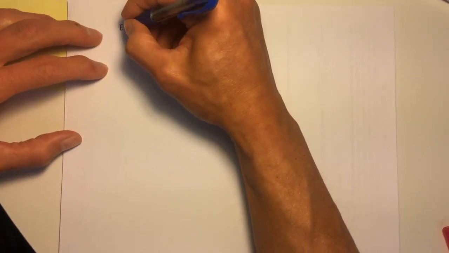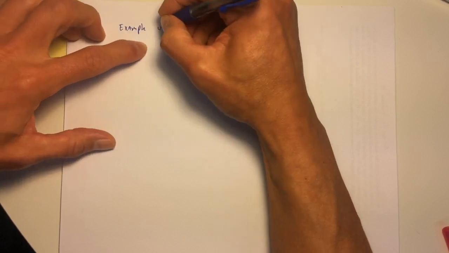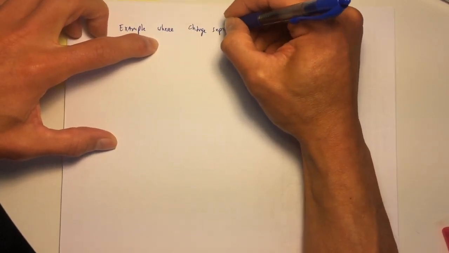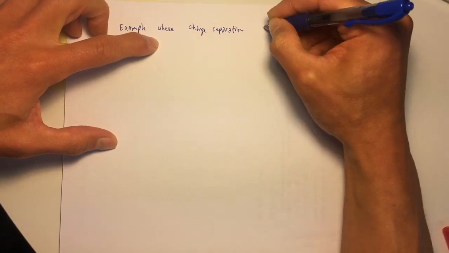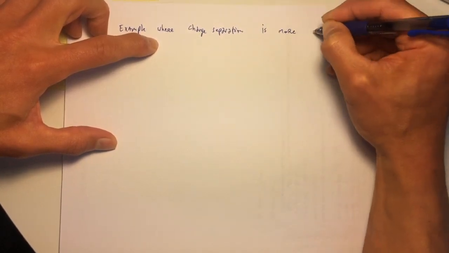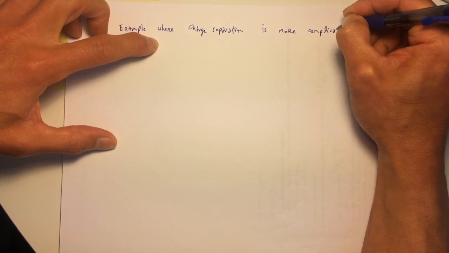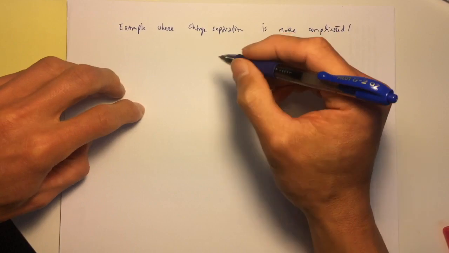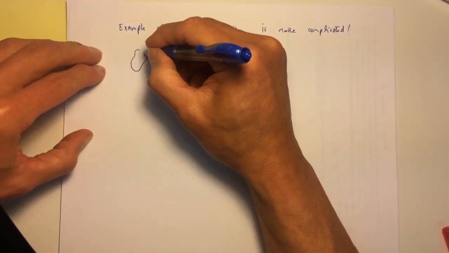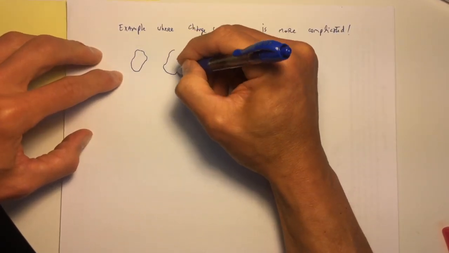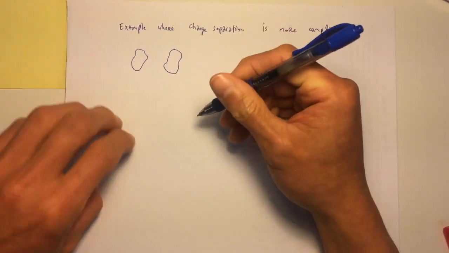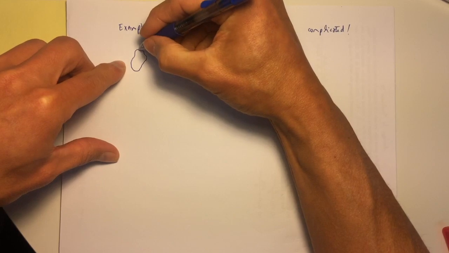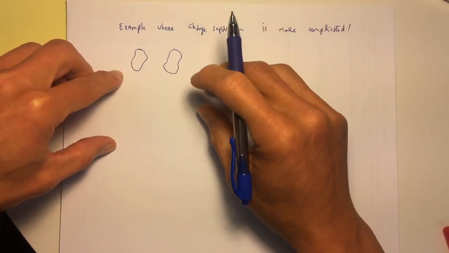Here's an example where the charge separation is more complicated. Okay, so let's imagine I have my 2 conductors. All right, and here is the idea. I'm just going to tell you the story, and hopefully you can kind of see what I'm talking about.